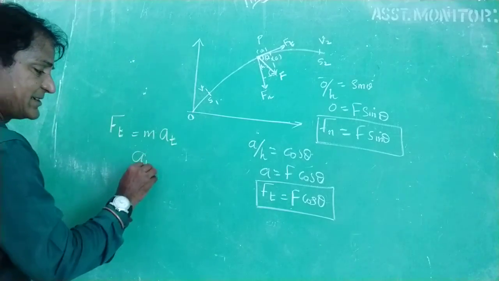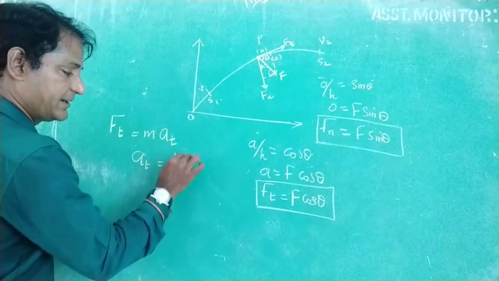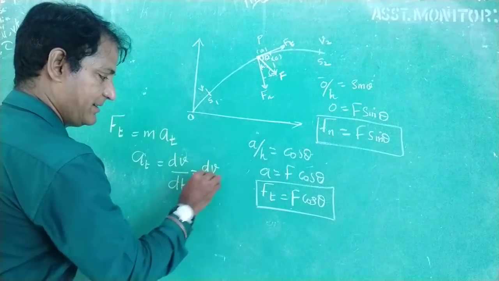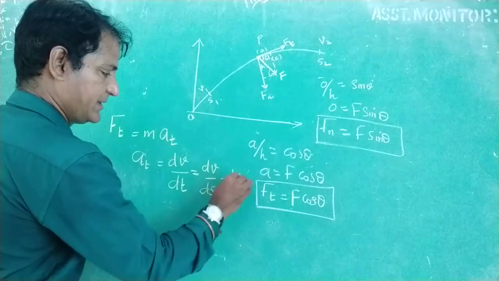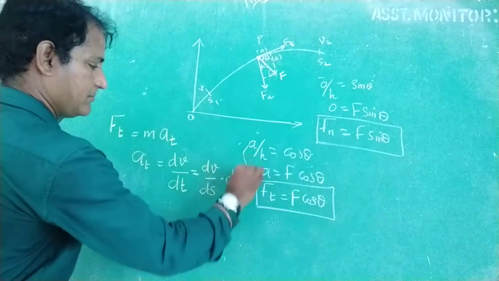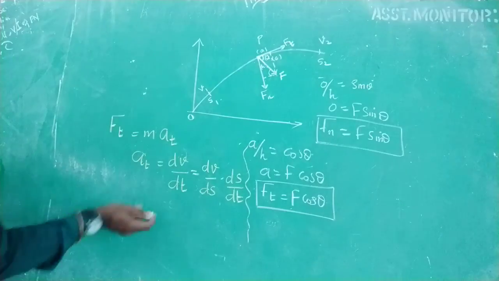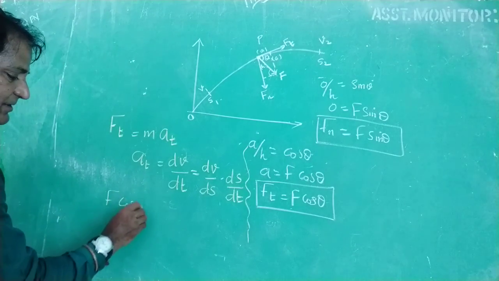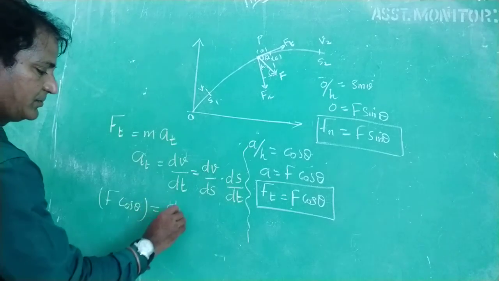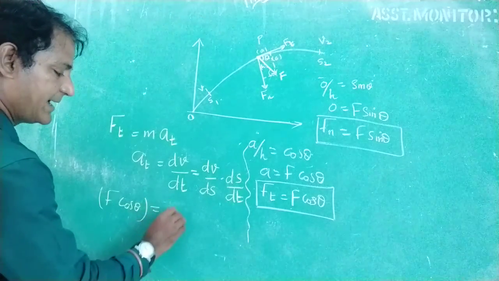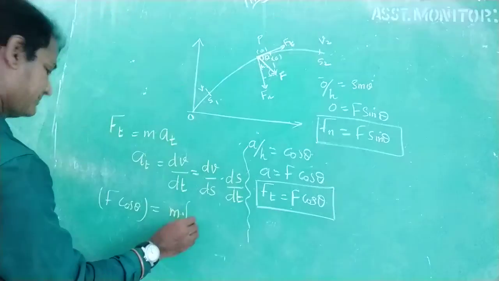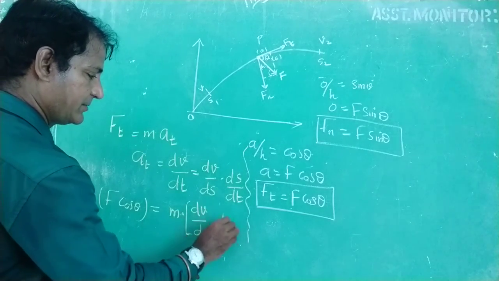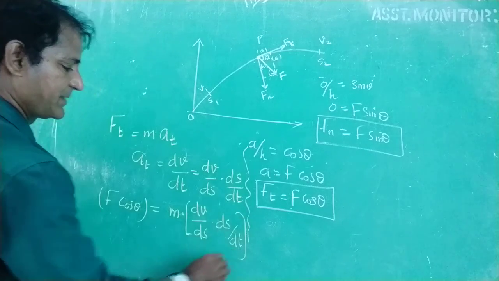This tangential acceleration is also equal to the rate of change of velocity, which can also be written as dv by ds into ds by dt. So let me substitute the value of Ft here. Ft is nothing but F cos theta, which is equal to m into dv by ds into ds by dt.